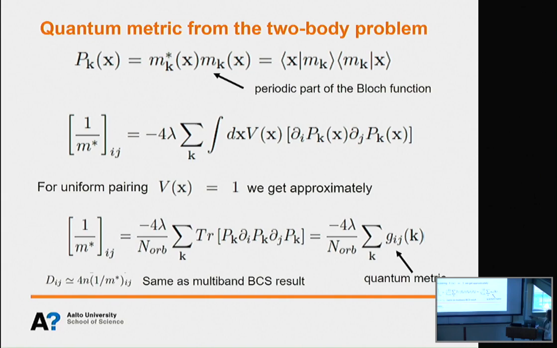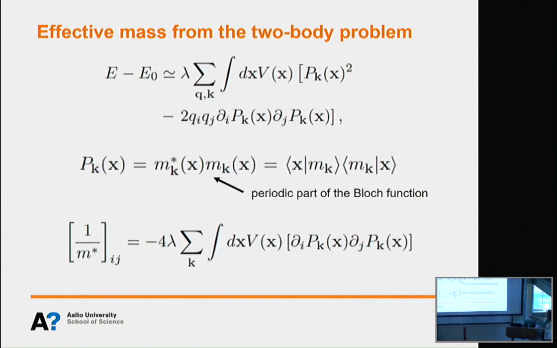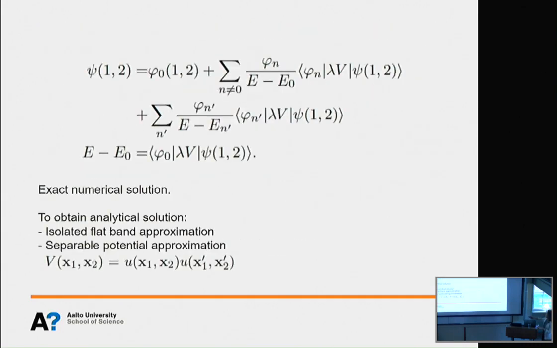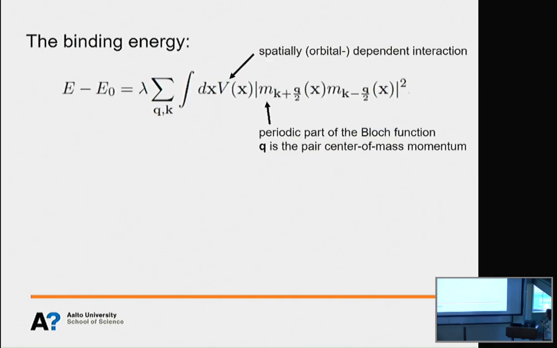But when I say here that I neglect explicitly the other bands' contribution, that means that I focus on the physics of the flat band, but the existence of many bands is now encoded in the Bloch functions. The Bloch functions are calculated for the whole system, and I have to do that exactly by including all bands.